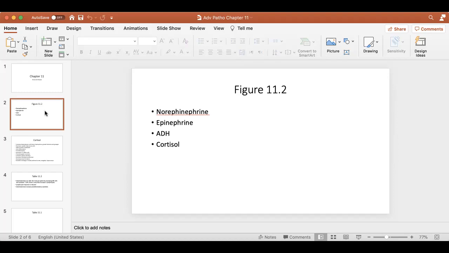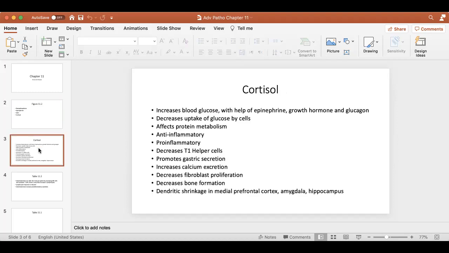And then cortisol has varying effects that I've actually listed here in this PowerPoint slide. So it increases blood glucose with the help of epinephrine, growth hormone, and glucagon. It decreases that uptake of glucose by cells, so glucose is readily available for energy.